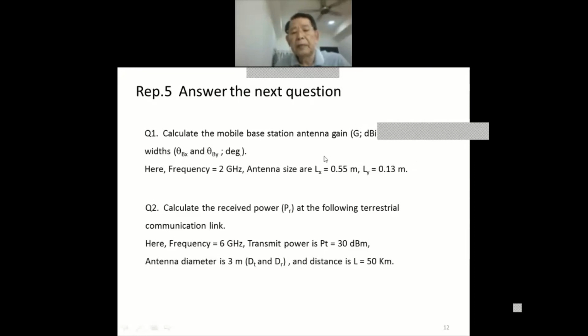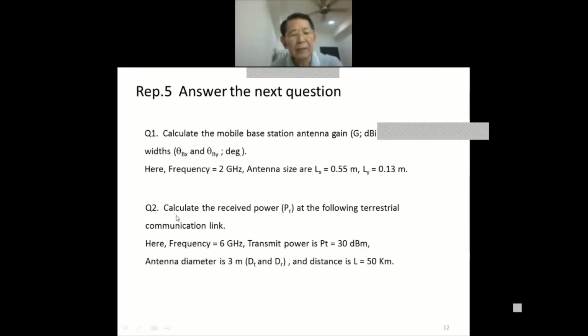And by the radiation area of this antenna, we can obtain the antenna gain. So in question 1, you understand the characteristics of practical mobile base station antenna gain in the vertical and horizontal directions. Is this okay?